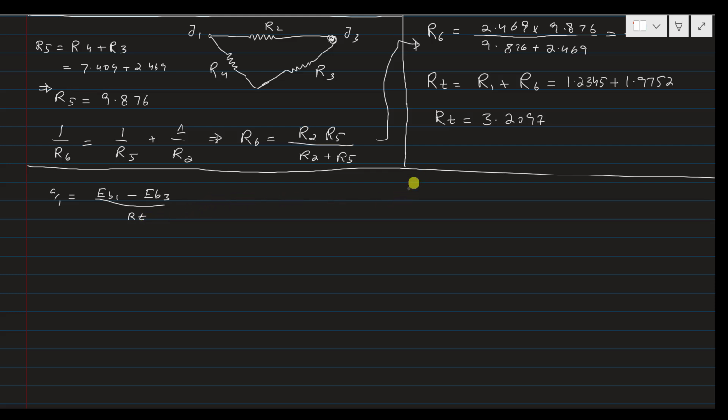What is EB1? The value of EB1 is equal to sigma T1 to the power 4, that is 5.67 multiplied by 10 to the power minus 8 multiplied by T1, and T1 is given in the statement as 800 to the power 4. After simplification on the calculator, you will get its value.